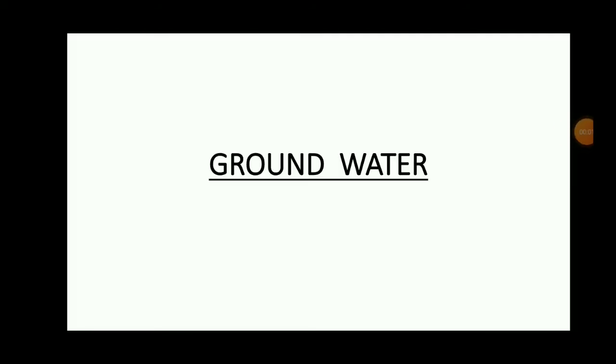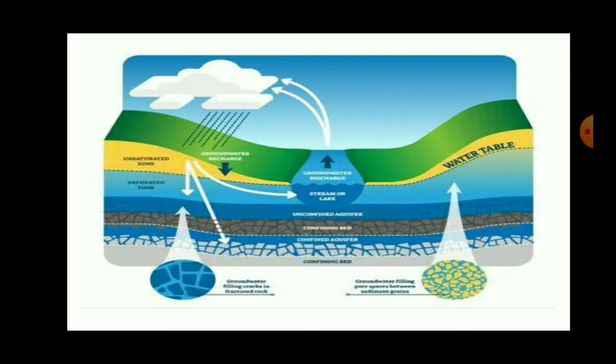Now the final agent, and that is the groundwater. We know that rainwater either evaporates or flows away, but most of the rainwater seeps into the ground. Most of the rainwater seeps below the earth's surface, and it will keep on moving downwards through the porous rocks or through the cracks in these rocks.